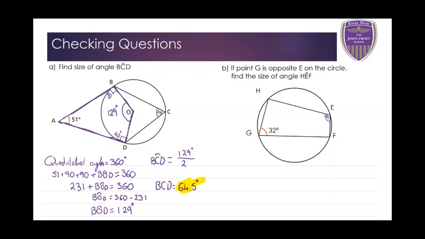Very well done if you got that right. Now the answer to the second one, there was a key point you had to realize at the start of the question. We're told first of all that point G is opposite point E on the circle. So that must mean we can draw a line between point E and G, and because they're opposite each other, it will pass through the center of the circle.